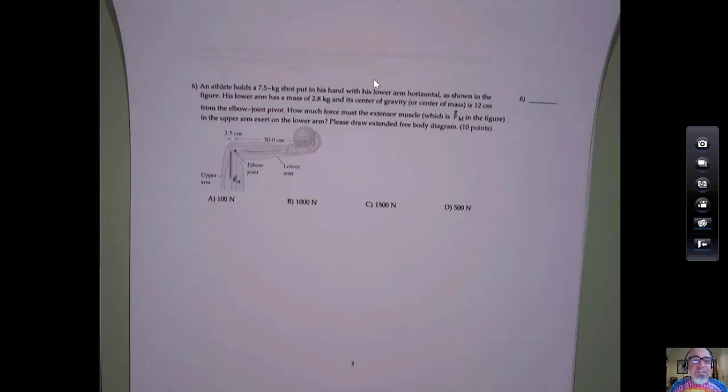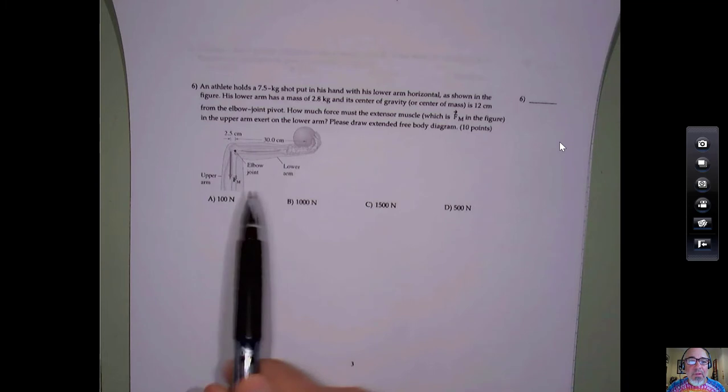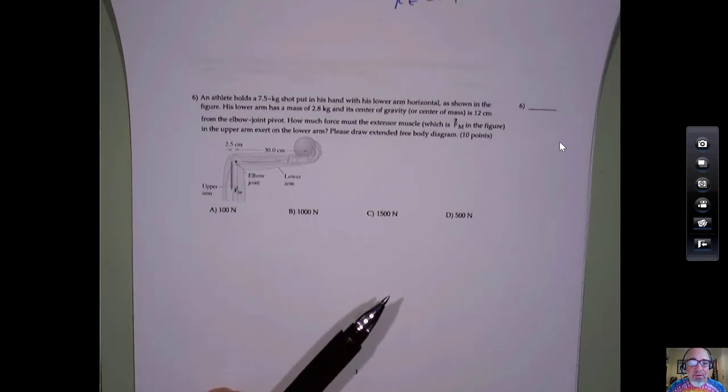Okay, so number 6 here comes from chapter 8. An athlete holds a 7.5 kilogram shot put in his hand with his lower arm horizontal, as you can see here. His lower arm has a mass of 2.8 kilograms, and its center of gravity is 12 centimeters from the elbow.